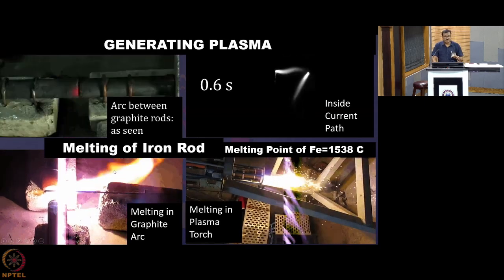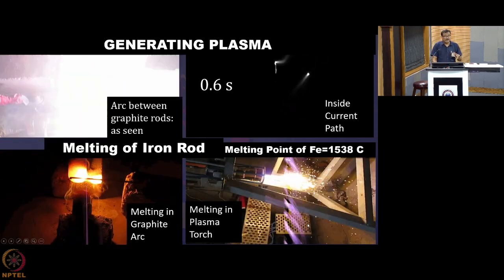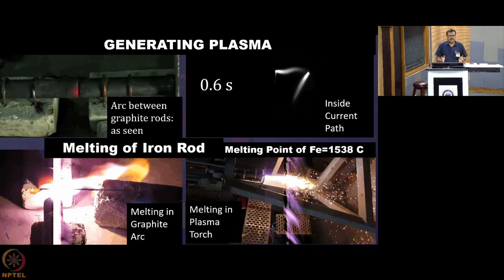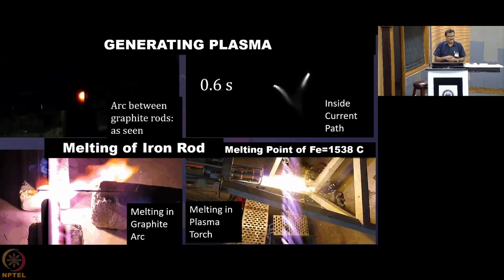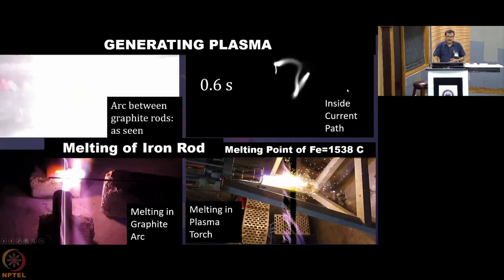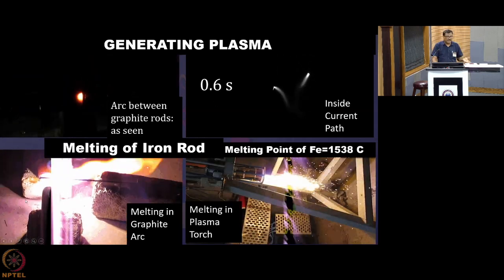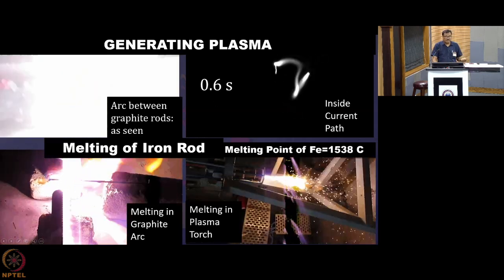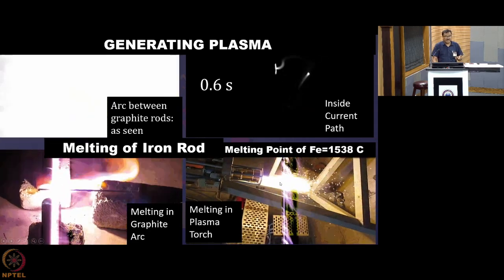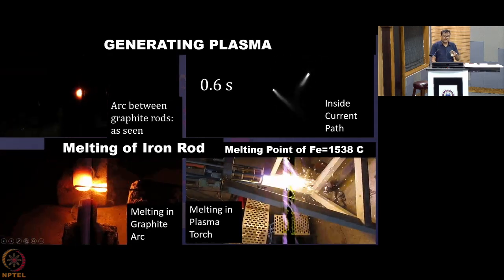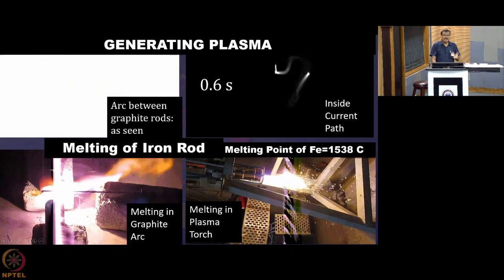My whole purpose of showing this video is that you understand the potential of plasma and the technology of plasma devices. The same plasma arc which was not able to melt the rod here is now melting the rod in a profuse manner. It is melting almost instantaneously and inline.